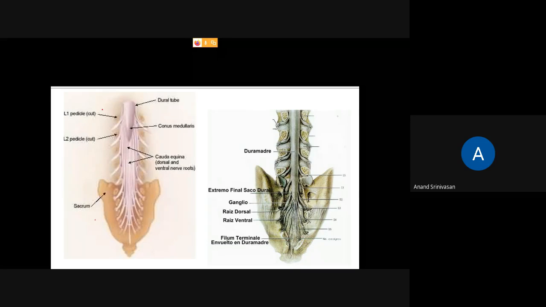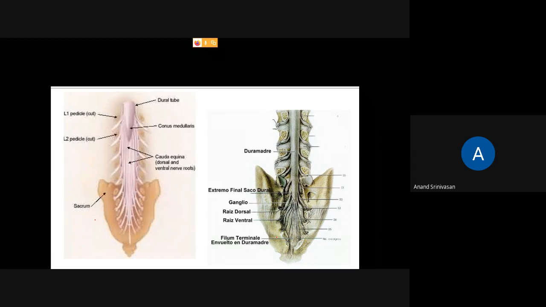Now, from the tip of this conus medullaris, there is one thin thread-like structure which is coming down and getting attached to the coccyx. So that one is the filum terminale. In this picture also you can see the conus medullaris, and slowly it goes and gets attached towards the tip of the coccyx, which is the filum terminale.